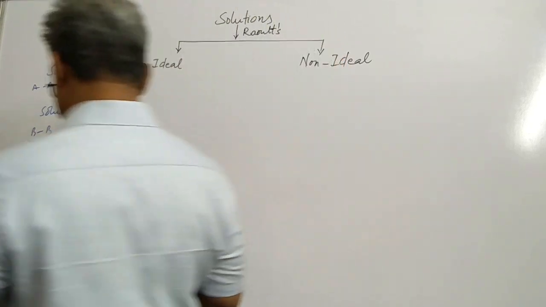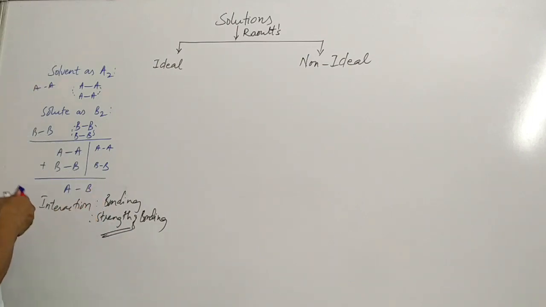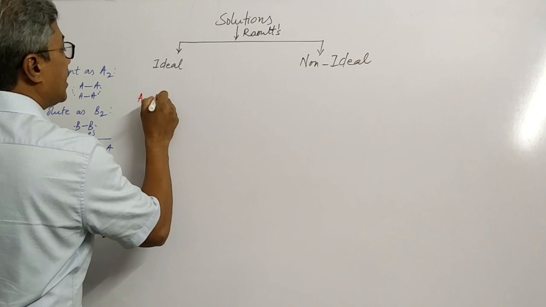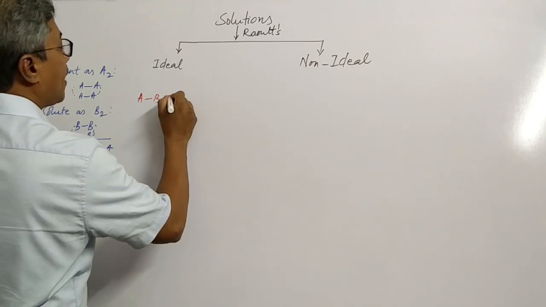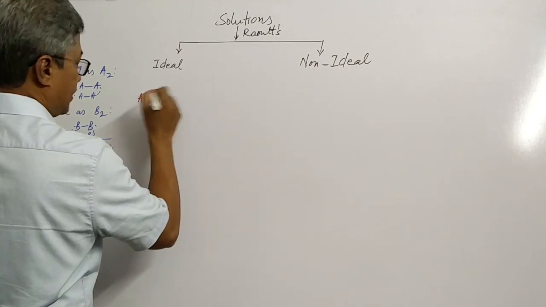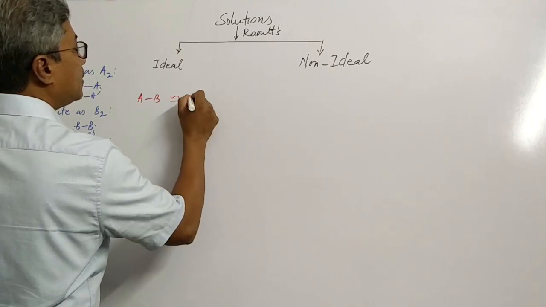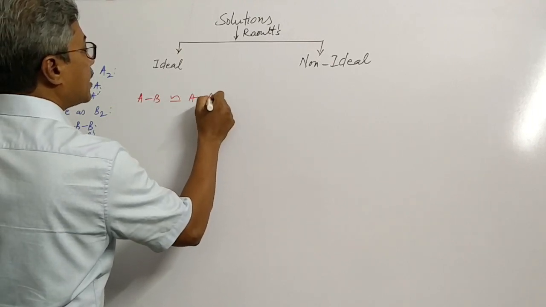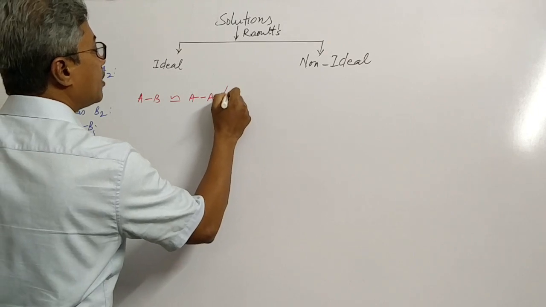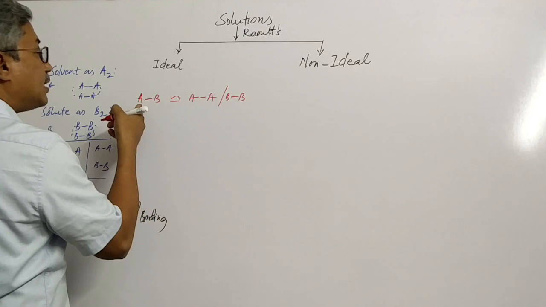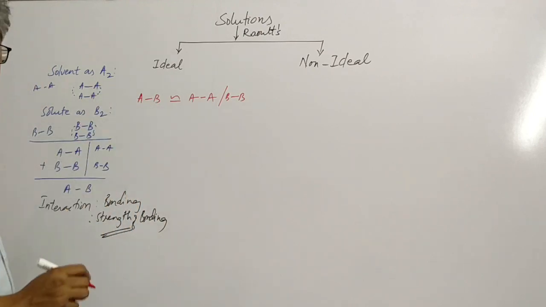I would like to represent that in this manner. See here, students. The A-B interaction is very nearly equal to either the A-A interaction or the B-B interaction, or the A-A and B-B interactions are similar to the A-B interaction.